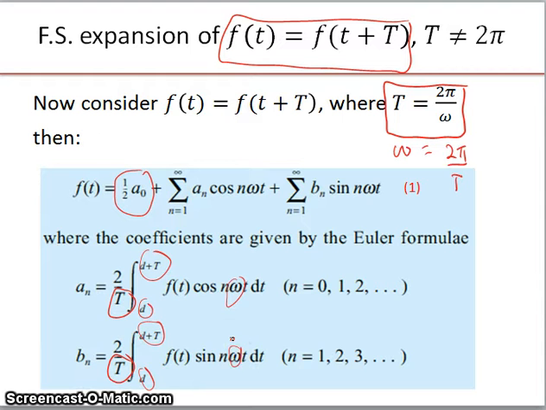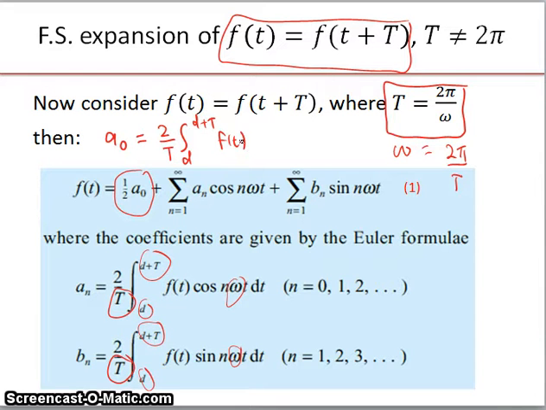Okay, so if n equals 0 in this case, we can now simplify it like this. When n equals 0, we can use the same formula here. With n equals 0, we have 2 over T multiplied by the integral of f(t) multiplied by cos 0.